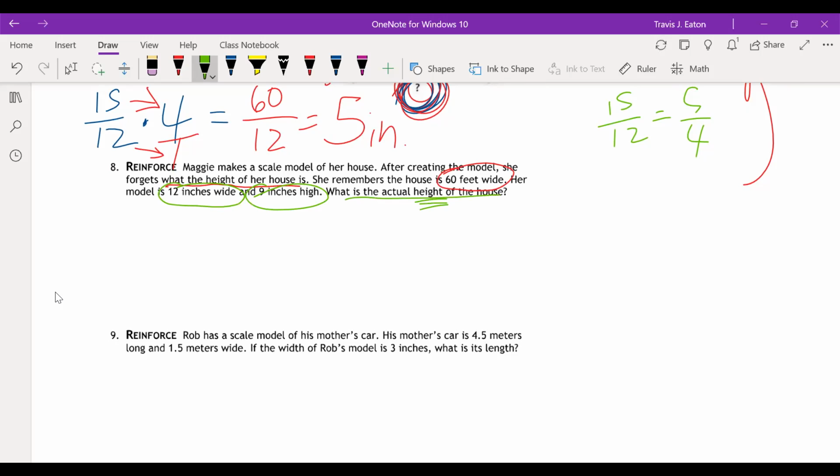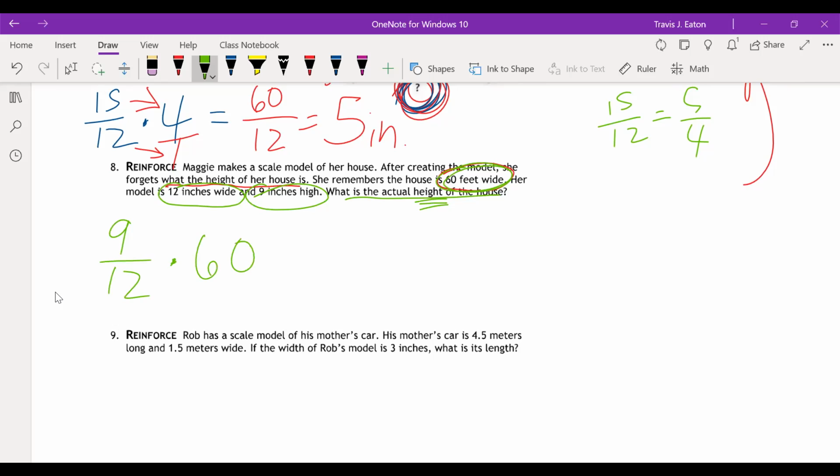Okay, because we're looking for the height, when we go to set this up, we're going to put the height that we're given in the top of our constant of proportionality equation part, and then the 12 down below, because that's the width, and we're going to multiply that by the width that we are given, which is 60.